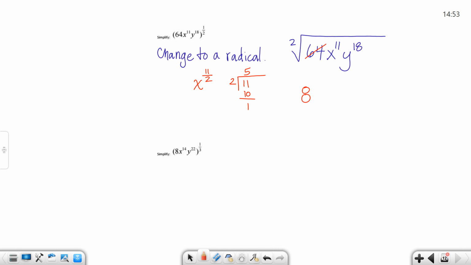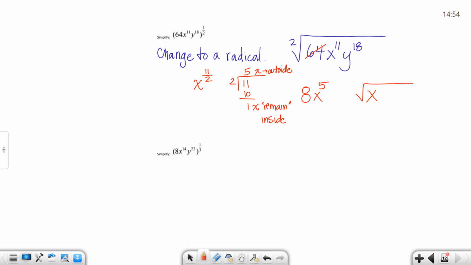You'll say, now why do you want to do that? Well, if you look at my long division, it tells you where the x's go. If it's a number on top, that means those are the x's that come outside. So for this x, we would have x to the 5 outside. See this remainder? That's how many x's remain, since it's a remainder, inside. So that means you're going to have 1 x left over underneath the radical.